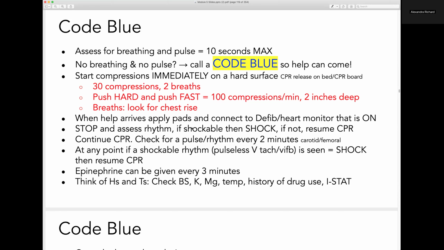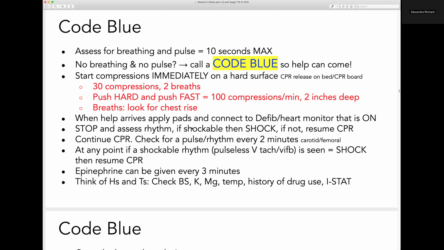We don't know if they have VTAC or VFib or asystole or pulseless electrical activity. All we know is that they are not breathing and they don't have a pulse. So make sure you know that. Someone who you call a code blue on, they're not breathing and they don't have a pulse. Anything outside of that we call a rapid response for, okay?